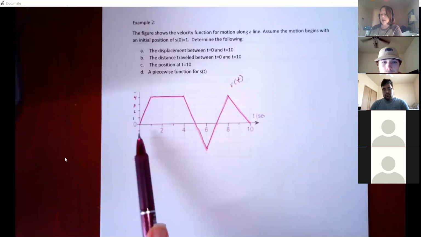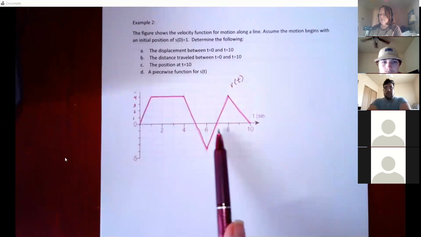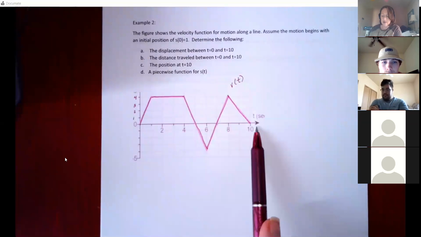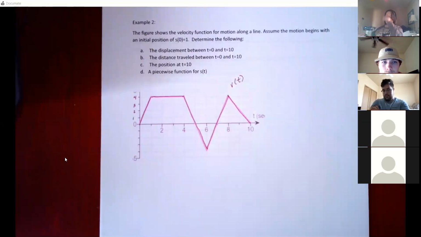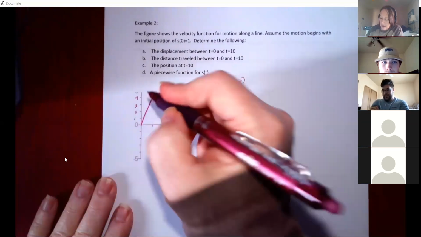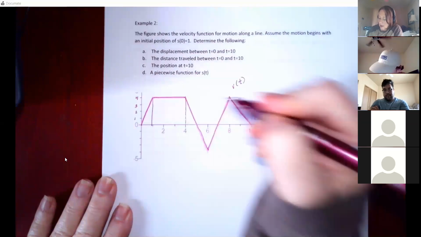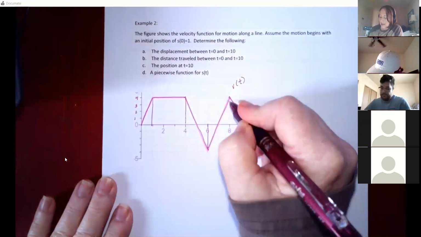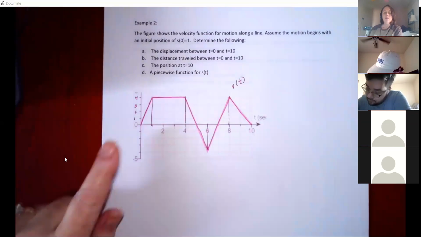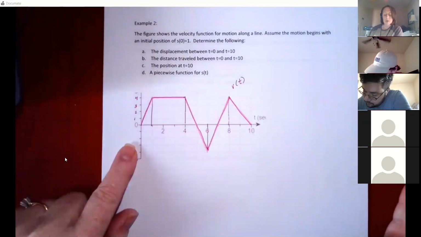In other words, the velocity function is mostly positive on this time interval, so we're expecting a positive displacement. But to find that positive displacement, I'm going to need to figure out the area between the graph and the t-axis. We're going to just use geometry.